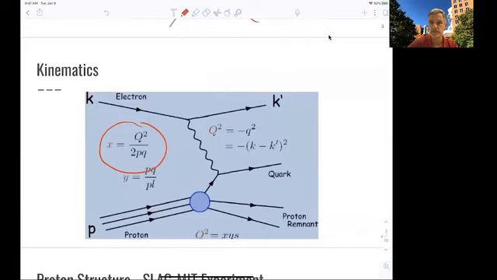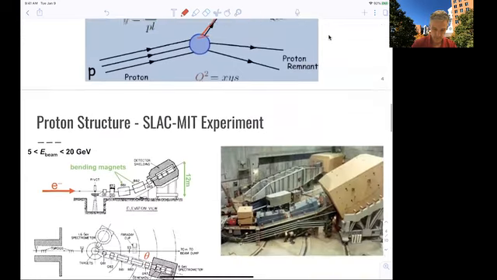So this is q square as the momentum transfer of the photon, p is the momentum of the proton, q is the momentum transfer, this q here, factor of 2. And this is basically the fraction of the momentum carried by the parton in the scattering process. There's a few other useful variables, but I don't want to go into any of the details here.